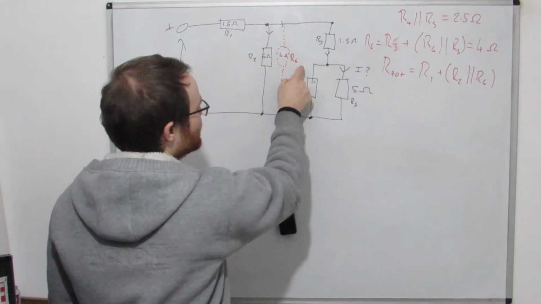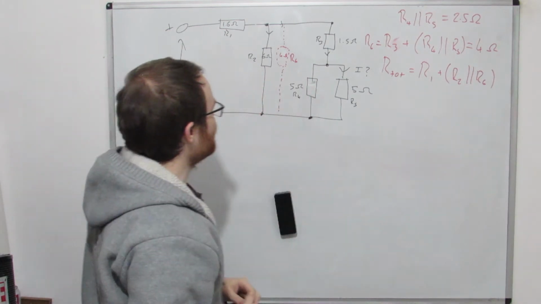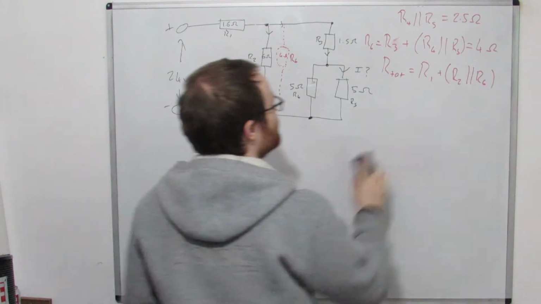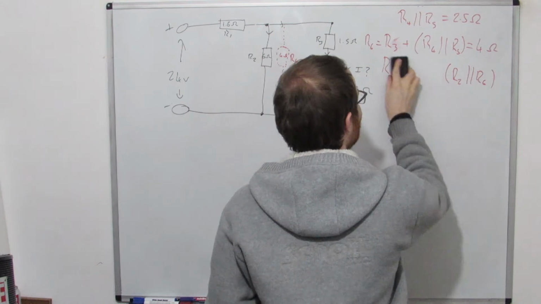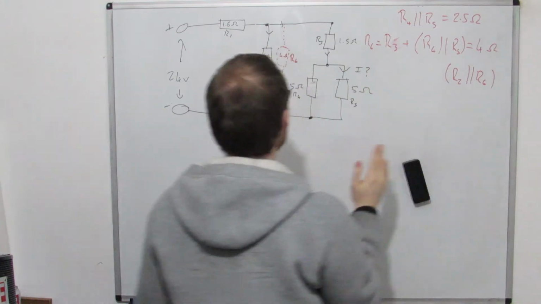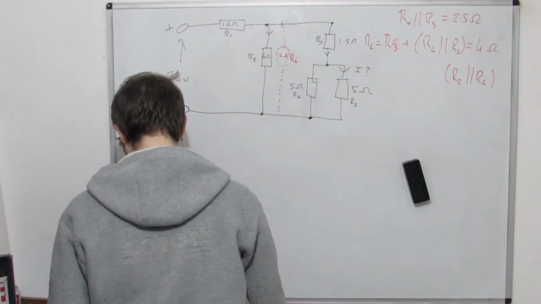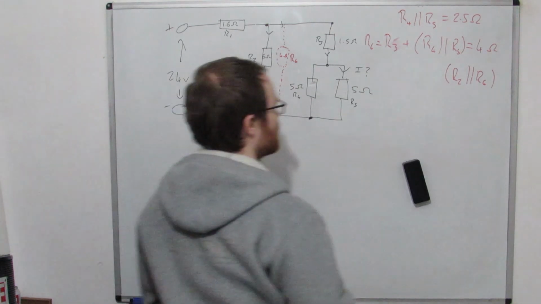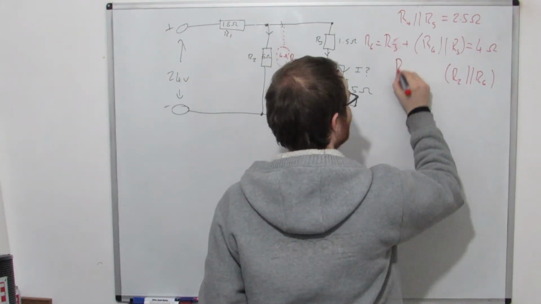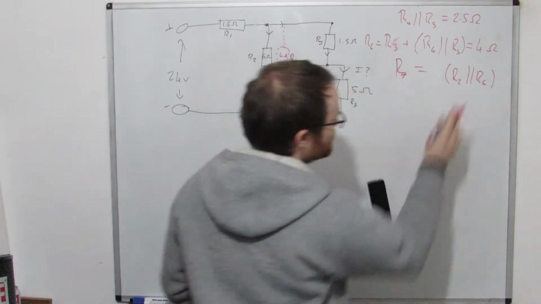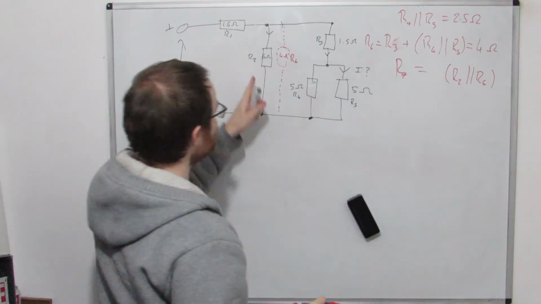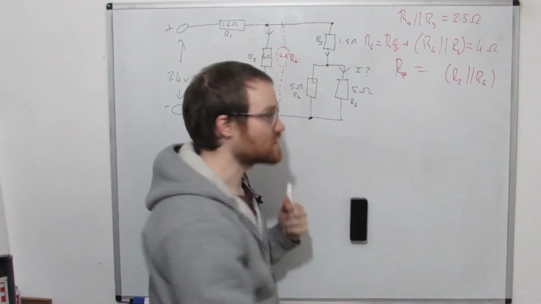So let's calculate R2 in parallel with R6, just to keep in line with the methodology that I've been using. We'll call that R7. So we'll say that R7 equals R2 in parallel with R6, which is going to be, remember, the product over sum rule.